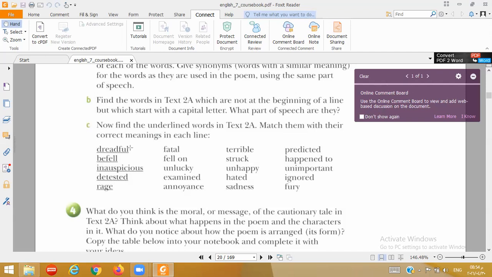It's like the third one. It's unlucky. Okay. The third one, yeah, unlucky. Good. Unauspicious, it means unlucky.